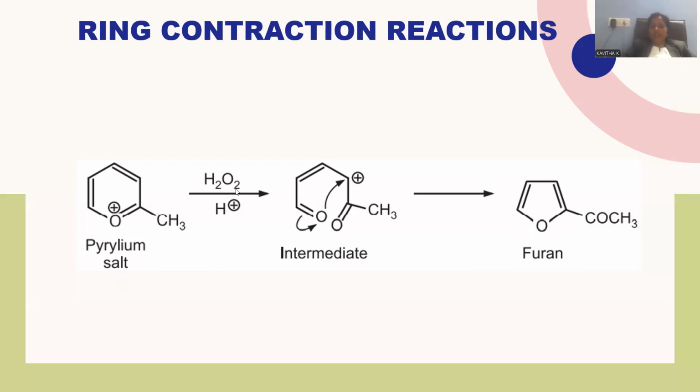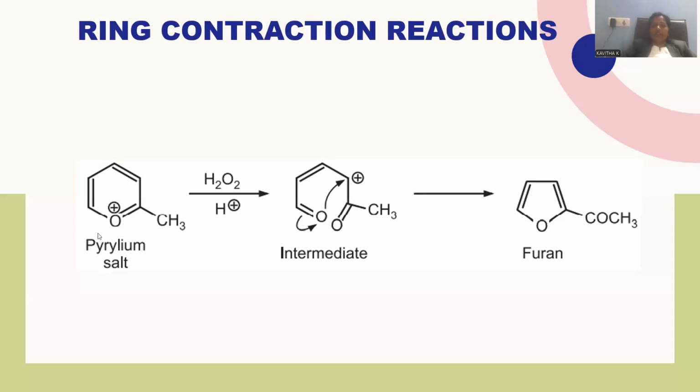What is the nature of hydrogen peroxide? It is the oxidizing agent. It is able to cleave this ring system and generate the intermediate diketone compound. This diketone compound will go for recyclization. Within the system, recyclization proceeds that is able to generate 2-acetyl furan. This is called what? Ring contraction.